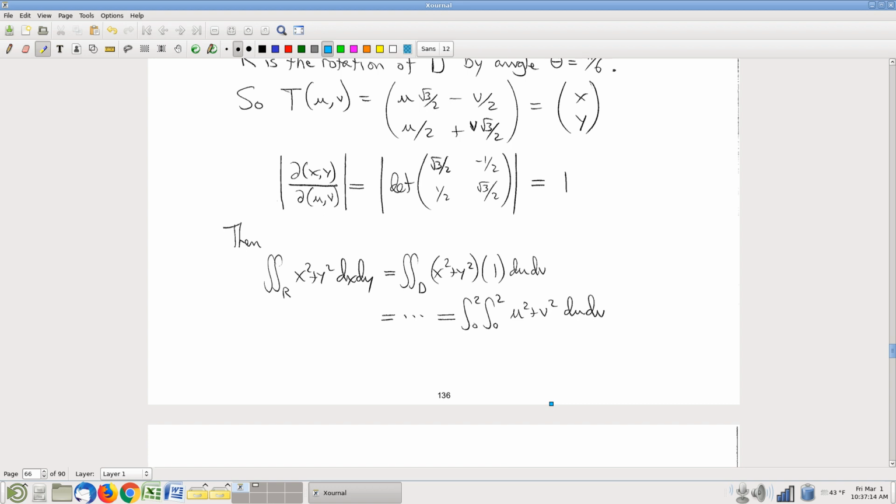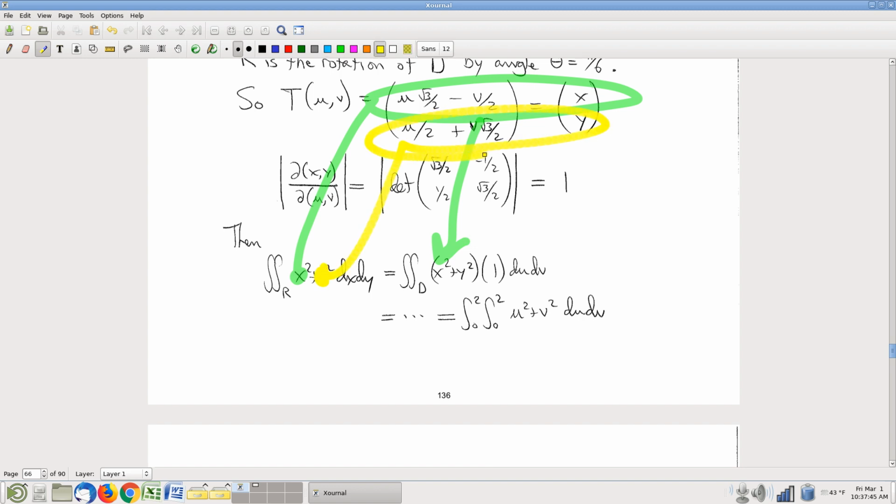Okay. So plugging in that stretching factor, remember the purpose of a stretching factor is that's what you multiply by du dv to get dx dy. We just computed that stretching factor, so stick that in there. And what do you do with the x's and y's? Well, don't forget x is given by the change of variables formula, so you've got to stick that in there. And y is given by the change of variables formula, so you've got to stick that in there.